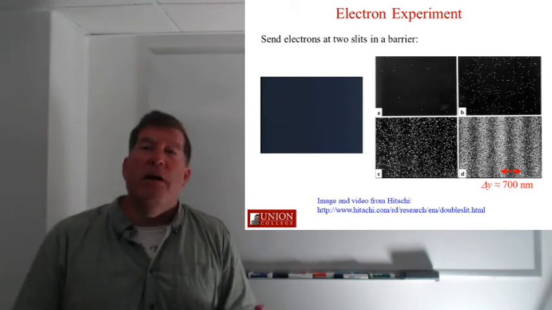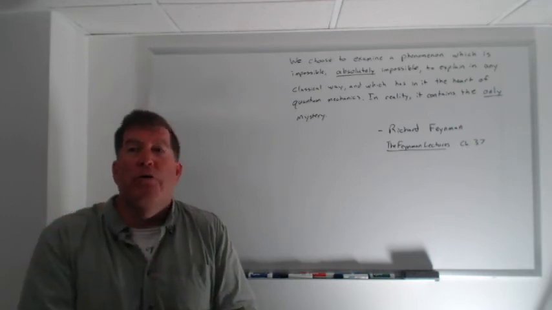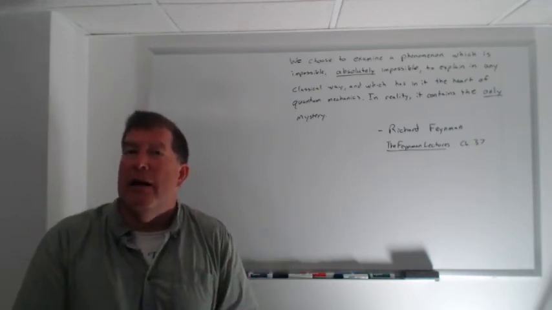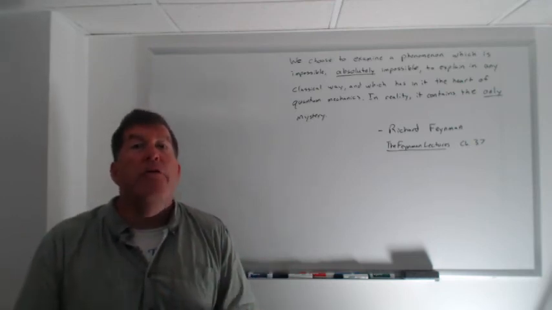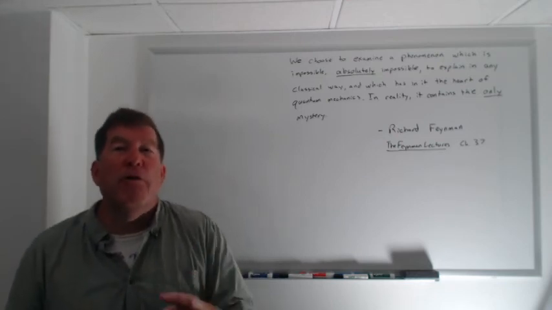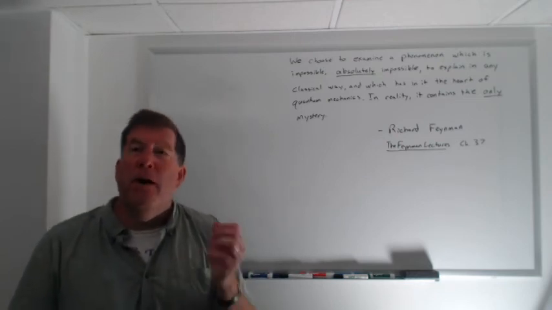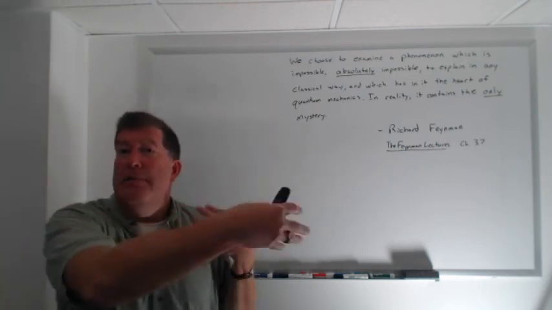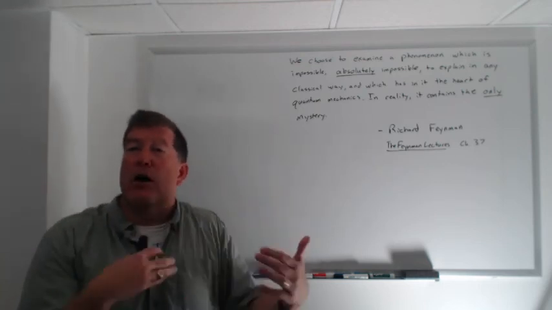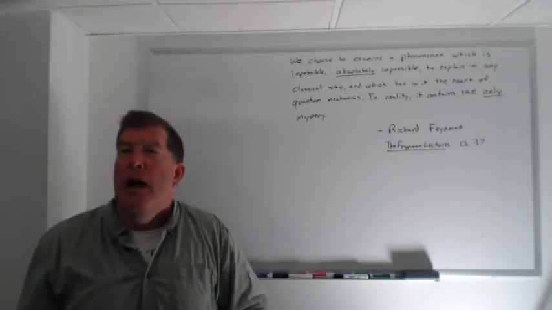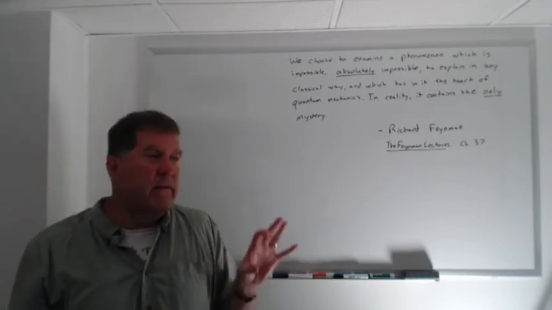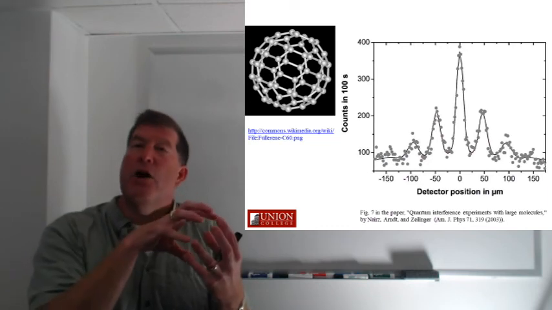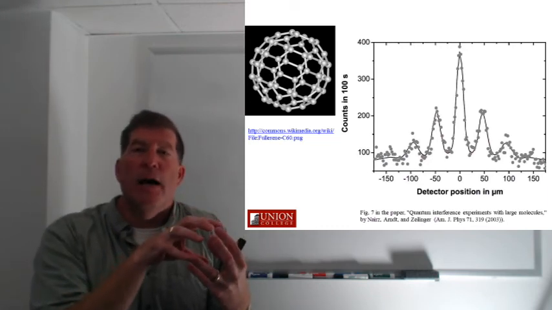Now, the thing you can ask is, is this something peculiar to electrons? Is there something magical about electrons that this works for? The answer is no. You can also do this with much, much bigger things. There's a group in Austria that's made a really nice career for themselves out of just demonstrating this wave interference with larger and larger objects. They started out with these buckyballs, these 60 carbon atoms arranged in a shape that looks a lot like a soccer ball.